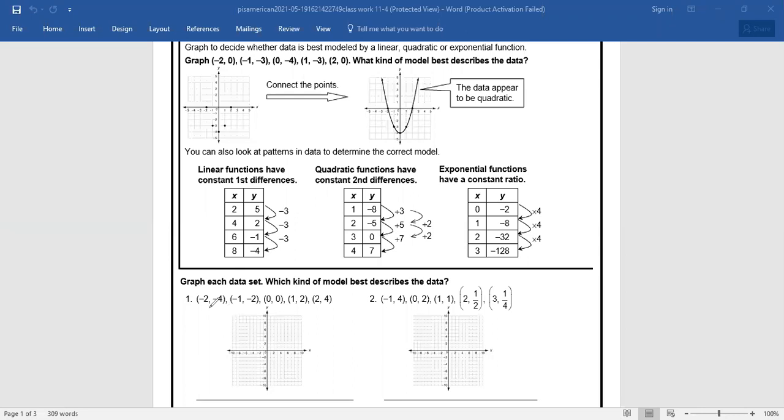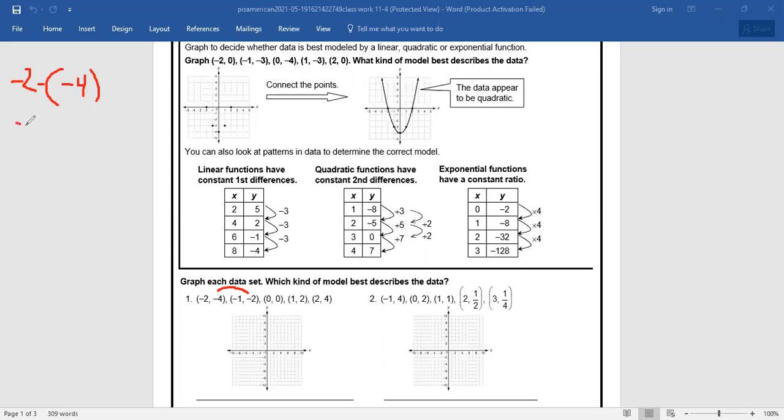Because negative 2 minus negative 4. Exactly. Then to find the difference at the beginning, we can make negative 2 minus negative 4, right? To find the difference, negative 2 minus negative 4.